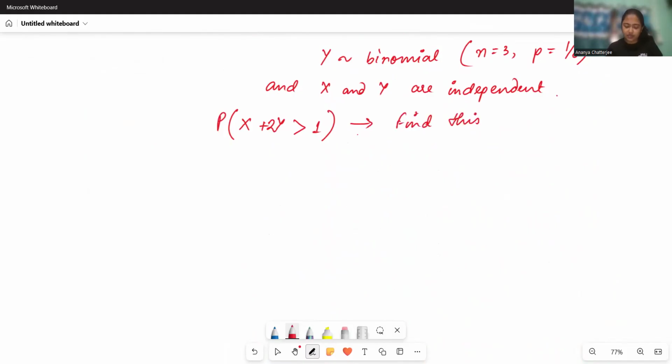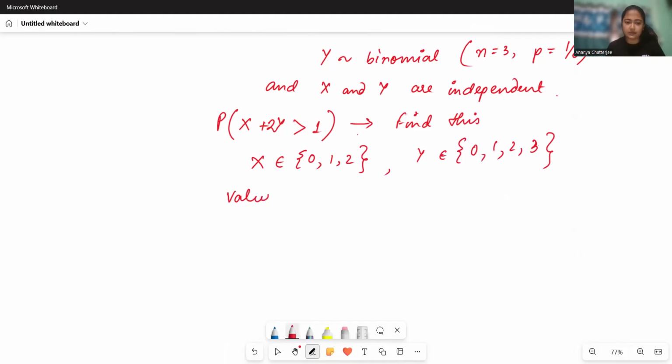So what will we do for this? Now we know that X takes values 0, 1, 2 and Y takes values 0, 1, 2, 3, right? From this, when Y is equal to 0, then T equal to X plus 2Y takes values 0, 1, 2.